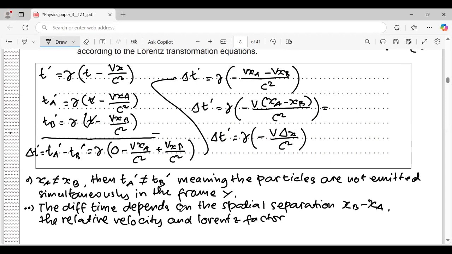So the difference in time depends on the spatial separation x B minus x A, depends on the relative velocity, and depends on the Lorentz factor. The Lorentz factor is gamma, right? What else? Yeah, I think that's enough.